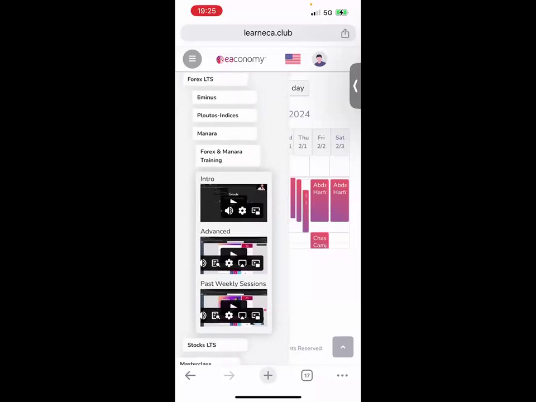Some of you even have laptops or tablets. You can do this with your phone as well, but if you have a laptop, you can also do that there. Familiarize yourself with these things. They already have a calendar on days where these training sessions take place. But you that have missed some trainings that occurred, scroll down, you see it, past weekly sessions.